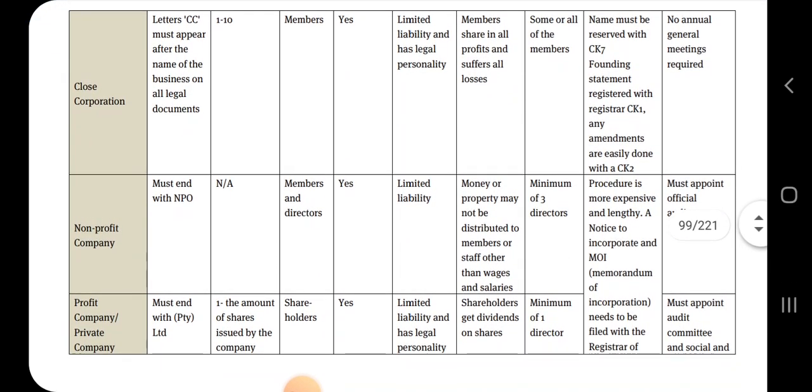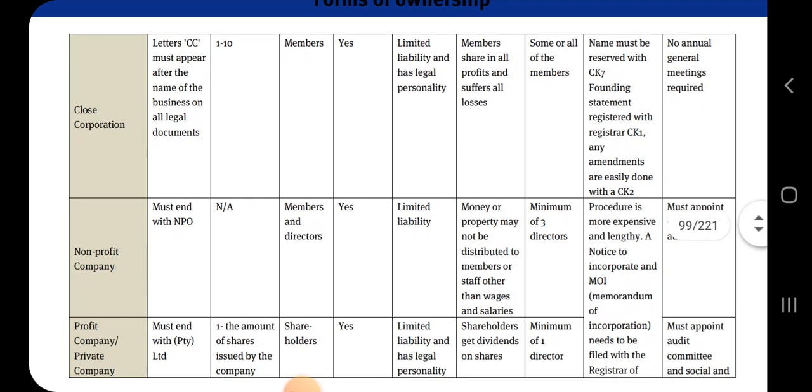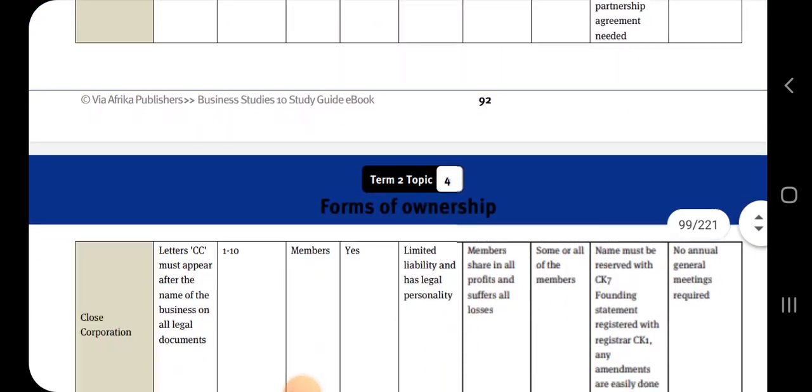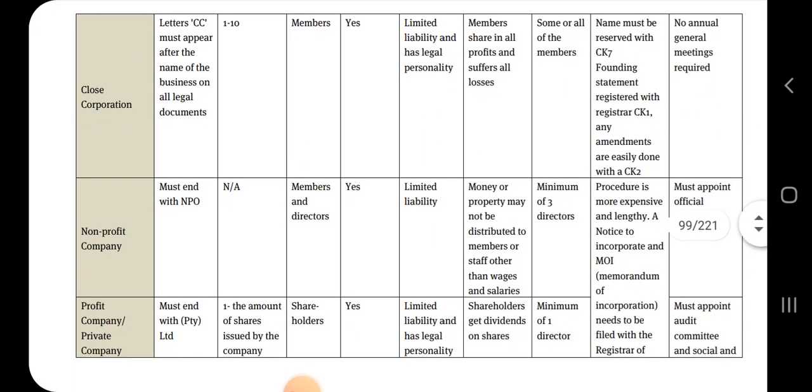And then some or all the members. Who manages the business is some or all the members. And then we have what we call formation procedures. So formation procedures of a close corporation: the name must be reserved with CK7, the founding statement registered with the registrar CK1, and any amendments are easily done with a CK2.